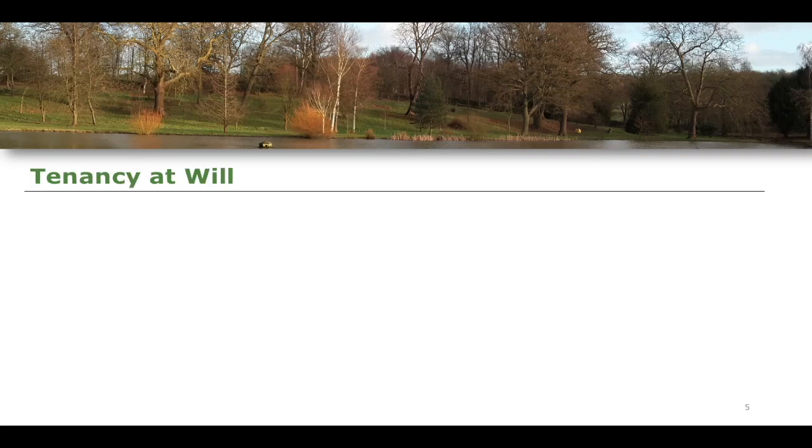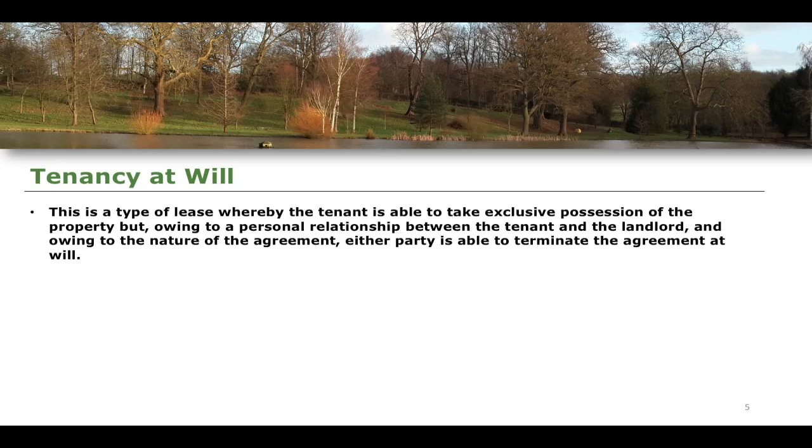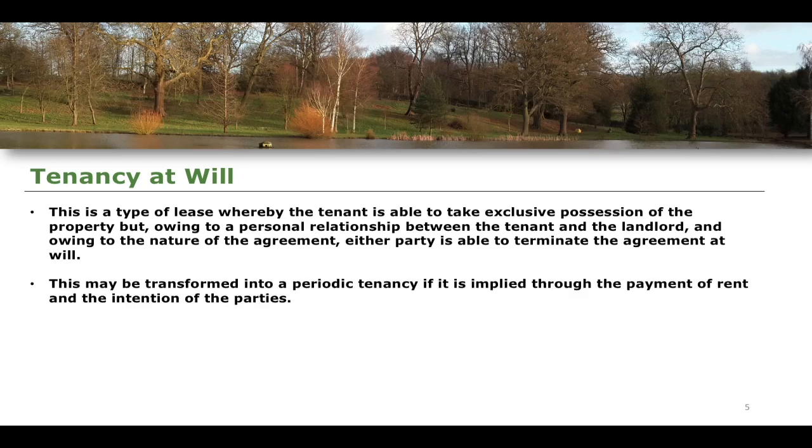Another type of tenancy is a tenancy at will. This is a type of lease whereby the tenant is able to take exclusive possession. Obviously this is something that is required for there to be a leasehold estate, but owing to the personal relationship that exists between a tenant and a landlord, and owing to the nature of the agreement, either party is able to terminate the agreement at will.